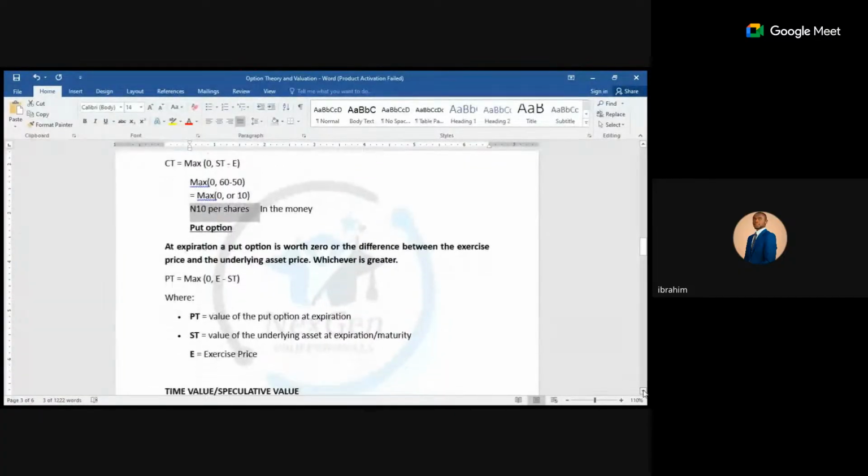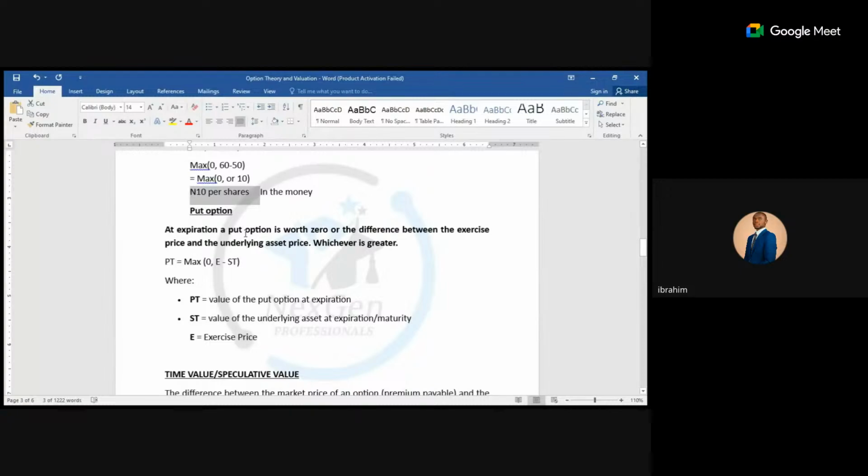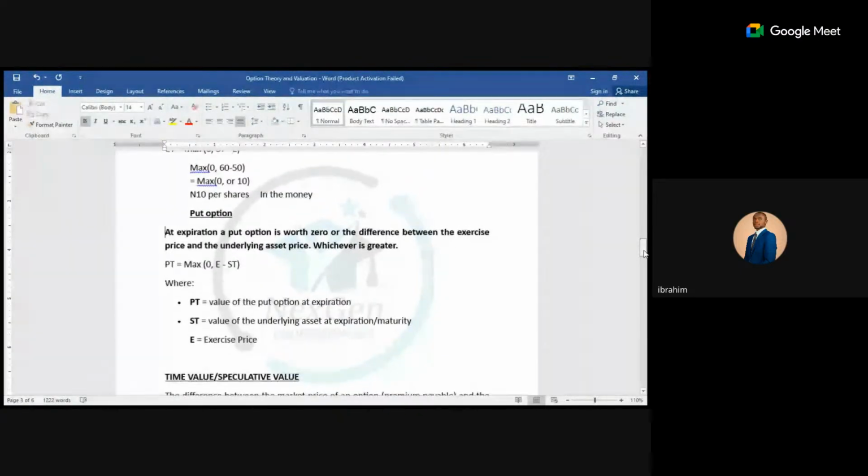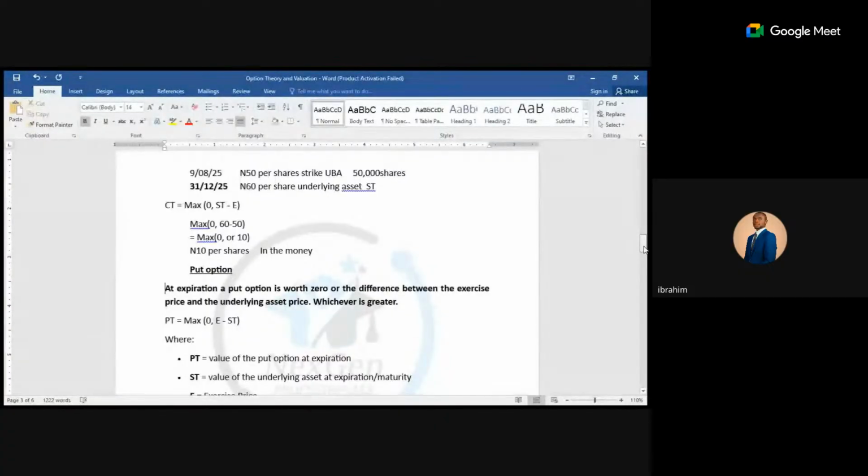Under the intrinsic value, we still have the put option, of course. At expiration, or at the date of maturity, a put option is worth 0, or the difference between the exercise price and the underlying asset price, whichever is greater. A put option is an option to sell.